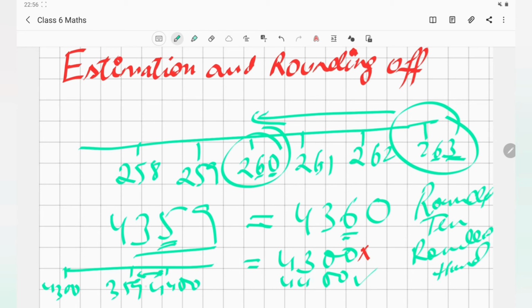The difference between 4400 and 4359 is just 41 compared to 59 here, right? So it is closer to 4400. So when you have rounded it off to the 100 place, which is the third digit in the number, you'll basically round it off to the next 100. So that's how rounding off happens, and that's how estimation is done.